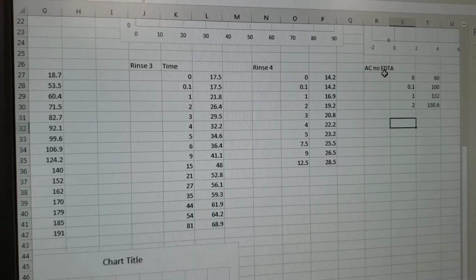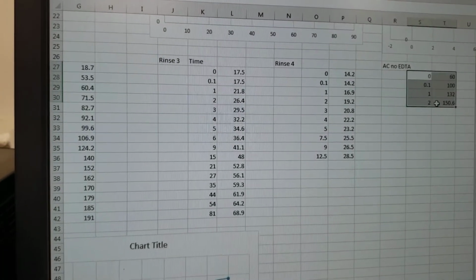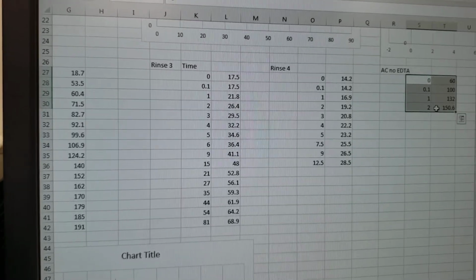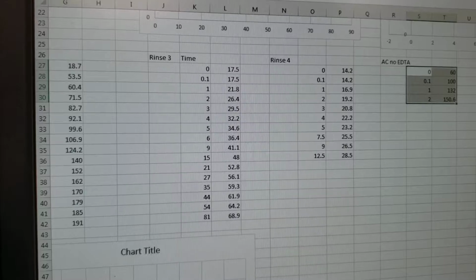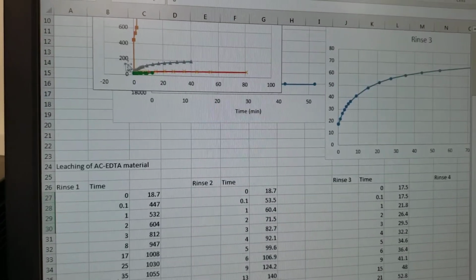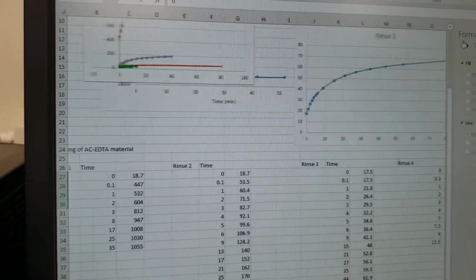Again, no EDTA involved here, but maybe this is what needs to happen first. First, we need to get the conductivity to an extremely low level, like these washes over here, and then possibly bind EDTA to it.